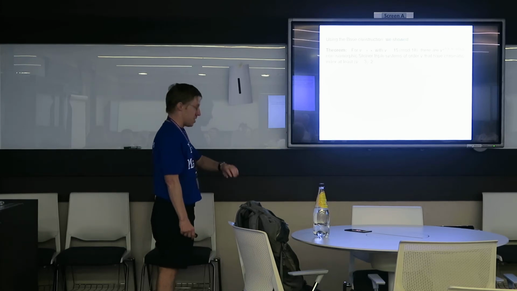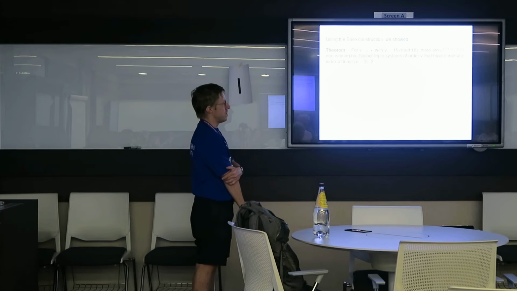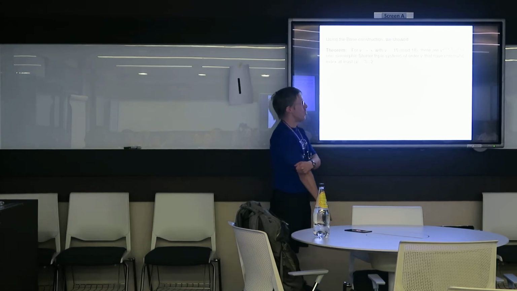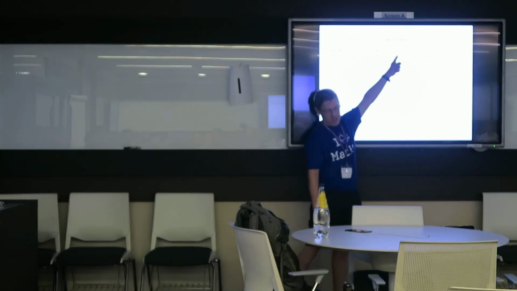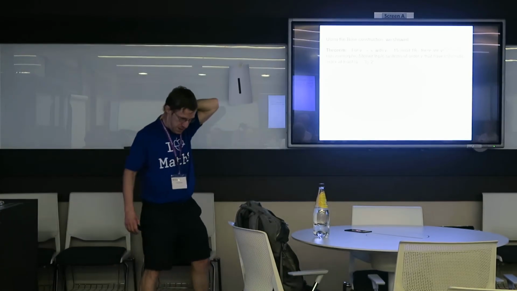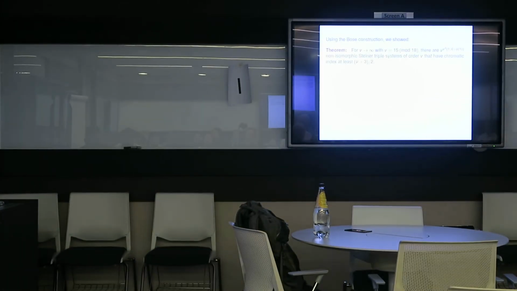Okay, just quickly, we also found another construction which doesn't work for all admissible orders, but does work for this congruence class. So if v happens to be 15 mod 18, and you use the Bose construction, I don't want to go into this too much, but if you know it, you'll know what I mean.